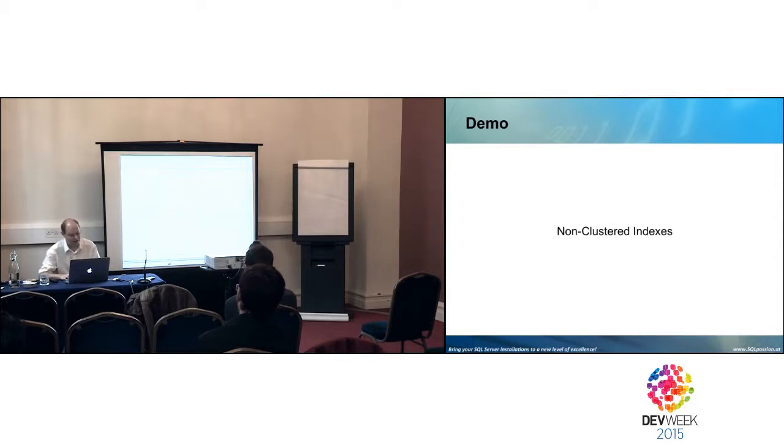I create here a simple helper table, and in SQL Server we have the undocumented DBCC IND command, and with that command you can return, for a specific database, for a specific table and a specific index ID, all the pages which are belonging to that index. In our case, I have just created one non-clustered index.